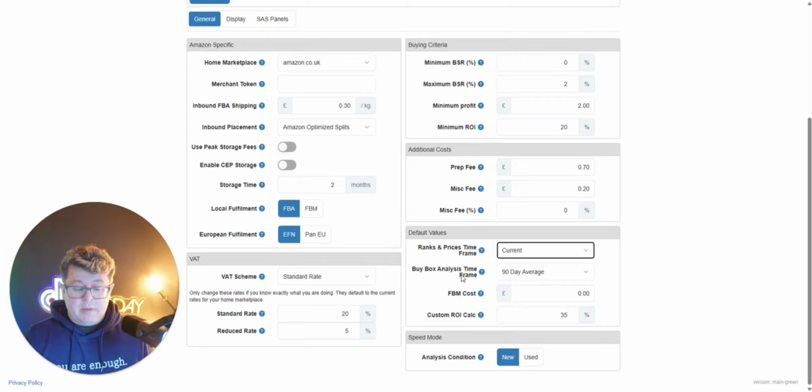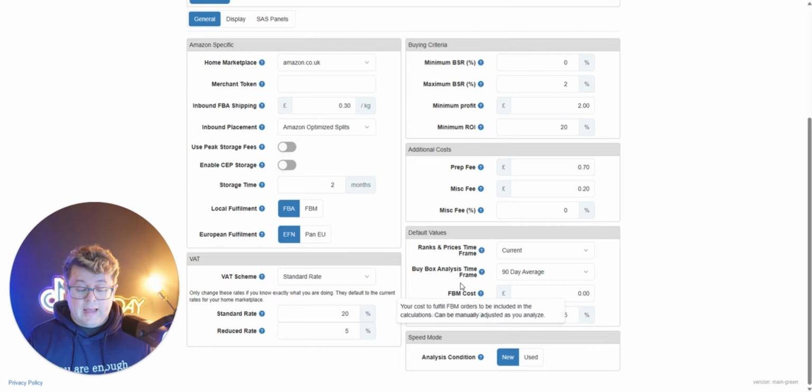You can see here buy box analysis time frame, so that is when you're looking at the keeper charts and you can see what the average is, and I'll show you them in a minute. If you was doing FBM and you had a FBM cost, so you'd be looking at what 90% of your products is going to cost you sending into Amazon, you have got a FBM cost here.